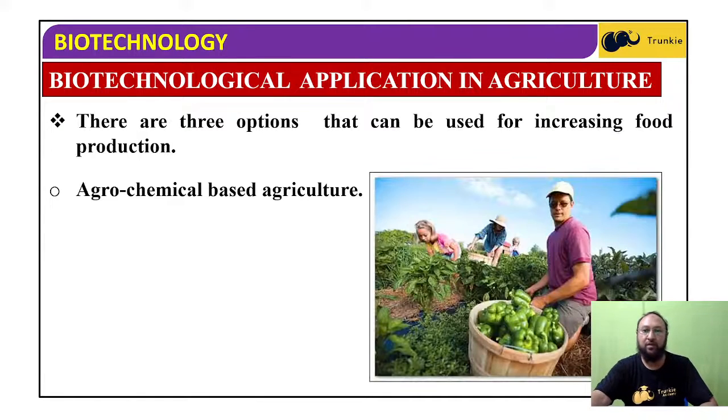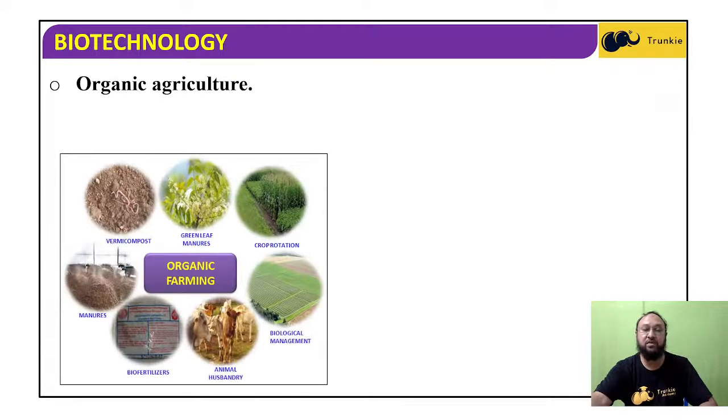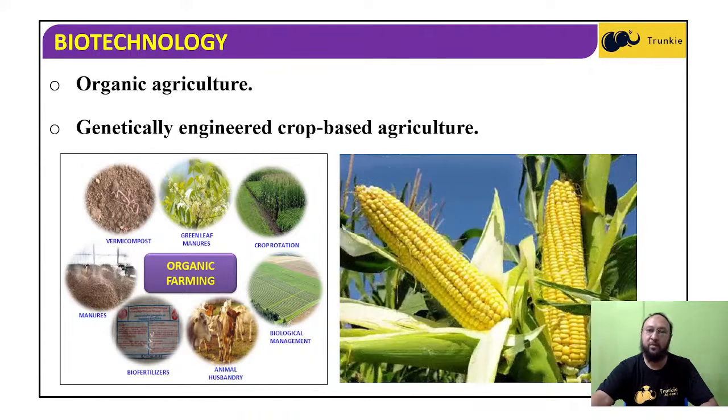Second, organic agriculture, where it is completely organic, and no chemical or artificial fertilizers are used. It is called organic farming. And third, genetically engineered crop based agriculture, that means some crops are genetically engineered in such a way that they will produce good quality crops, as desired by us.